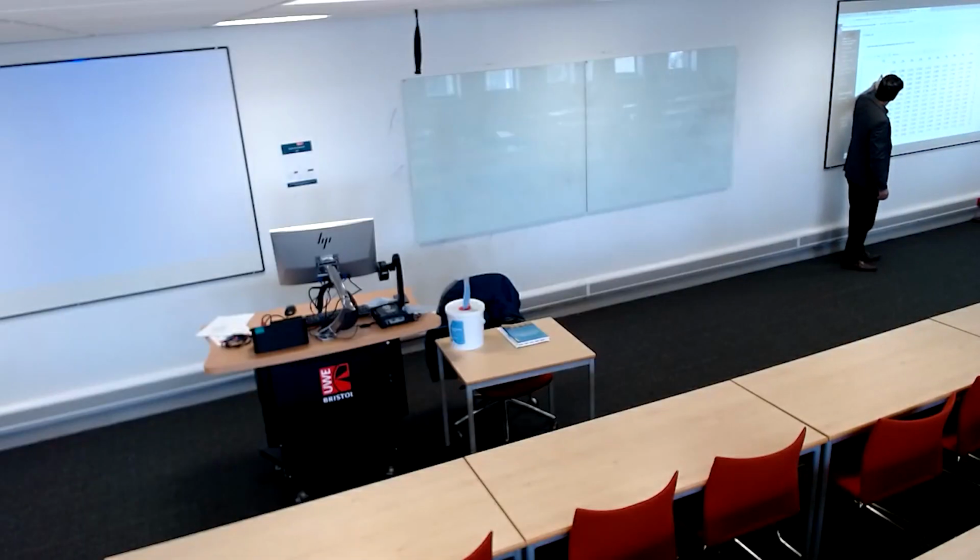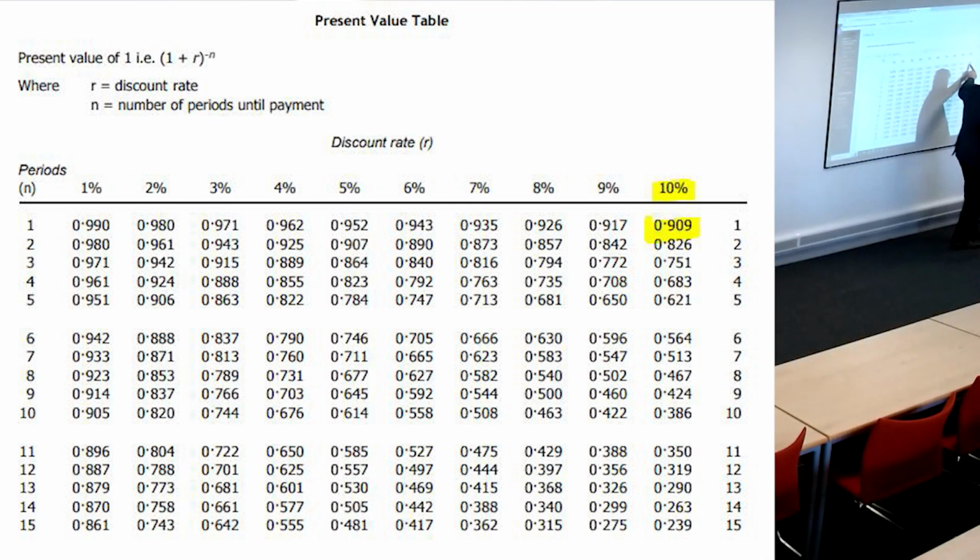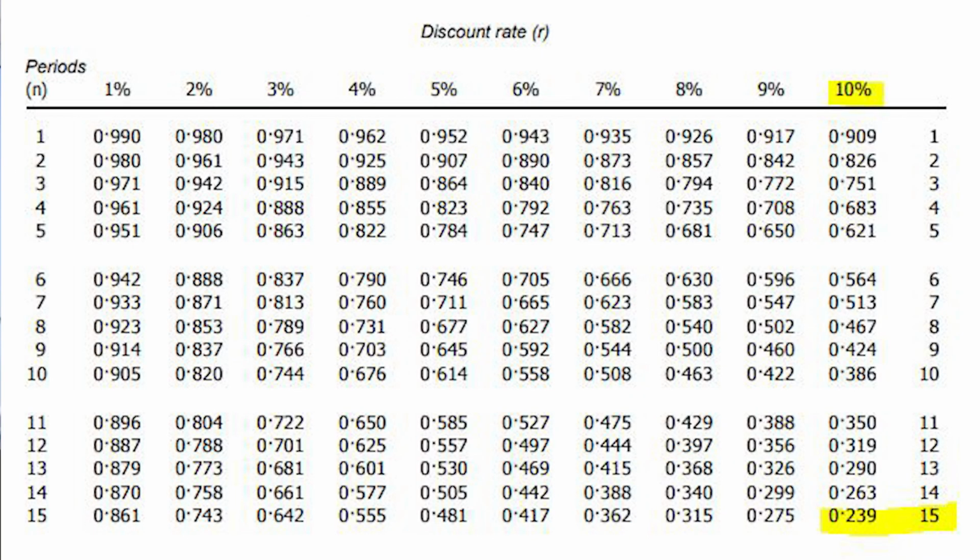But if the cost of capital is 1%, then the value lost will be only 1 pence. But if the cost of capital is 10%, the pound has almost lost 9 pence. More loss in value. If the cost of capital is 10% and you receive that £1 after 15 years, the value of that £1 is now 23.9 pence, 24 pence only.